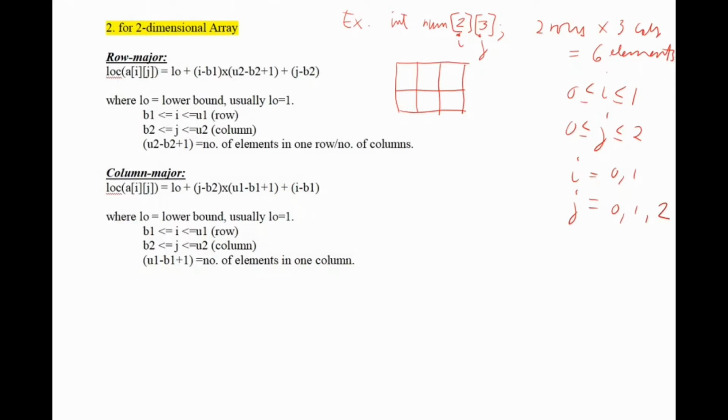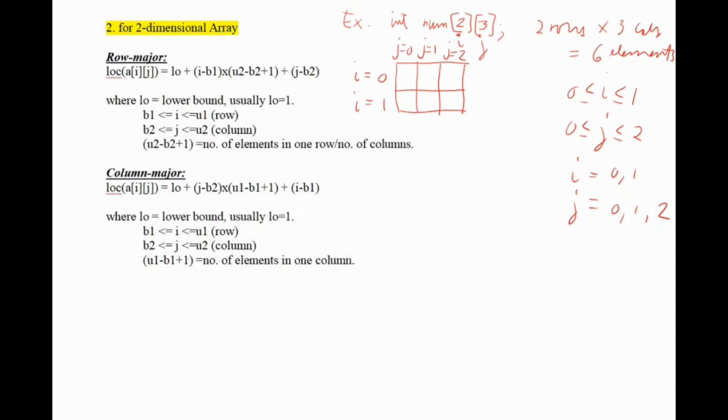There are 2 values since there are 2 rows. The first row is this one, i equal to 0, and the second row is here, i equal to 1. For the columns, this is j equal to 0, j equal to 1, and this one is j equal to 2.